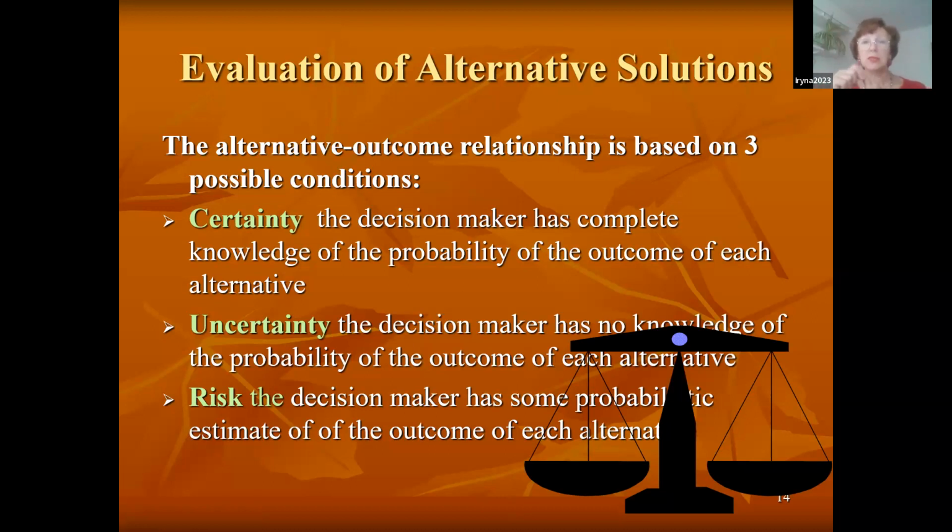If I take this alternative, again, I'm not sure what's going to happen. And the situation of risk, the condition of risk. I have some probabilistic estimate of the outcome of each alternative. I can somehow estimate the probable outcome of each alternative.